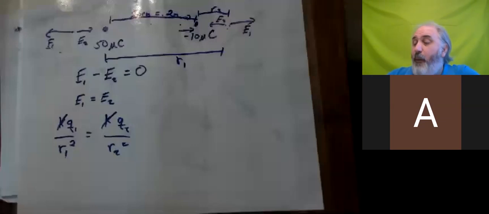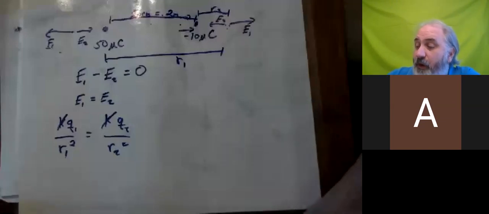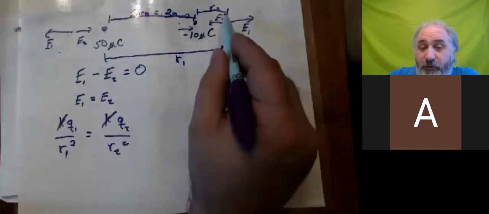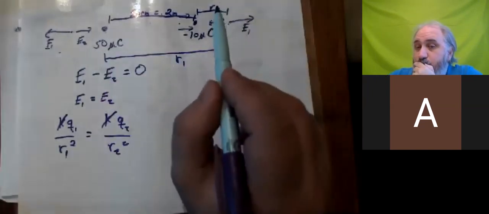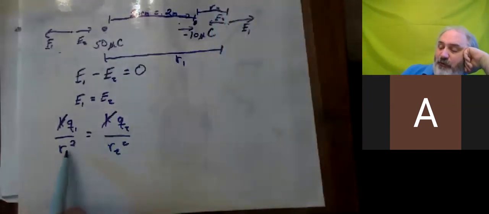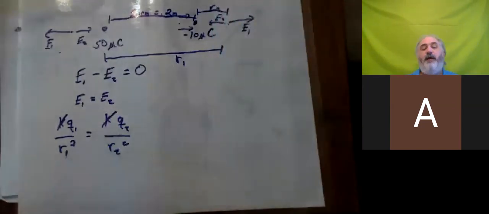Now, one thing that I notice is that R1 and R2 are definitely different, right? R1 is a way bigger number than R2. And right now, I don't have a number for either one of them, so I can't necessarily solve for either of those two things. So what I need to do is to reduce the number of unknowns in my equation, right?